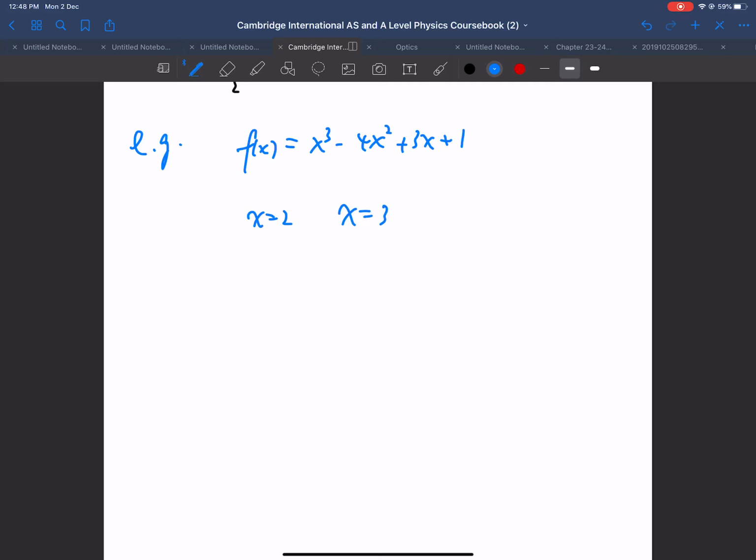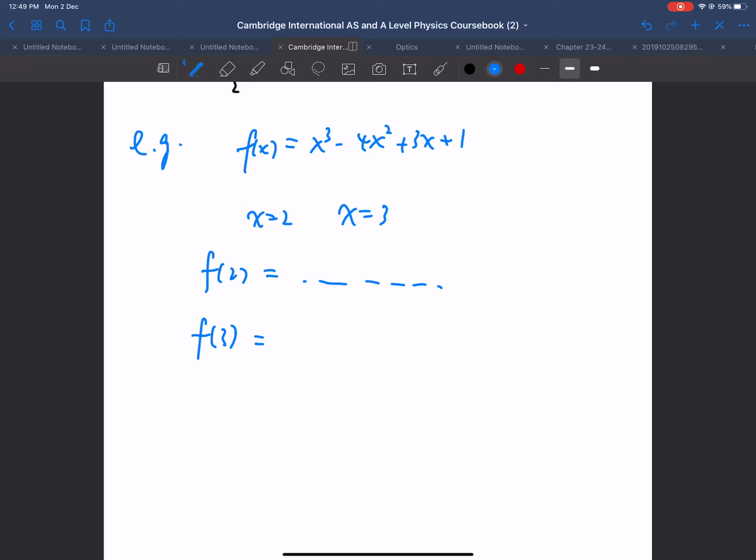Then you know what you need to do. First find f(2) and f(3). If one is positive and the other negative, then that means there is a root in between.